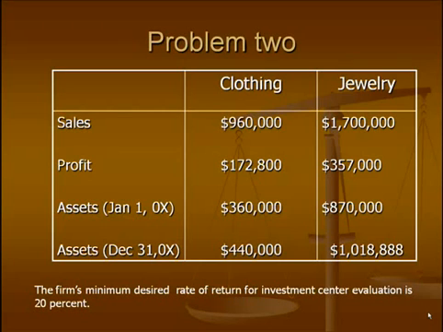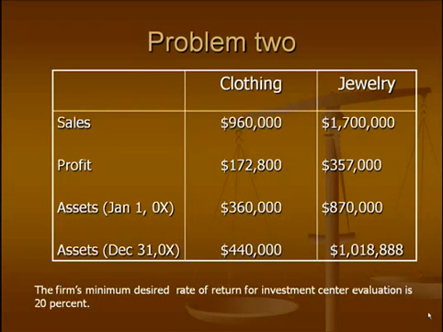The profit of both divisions is also in front of you. And I've given you the assets on January 1 of a hypothetical year, which is $360,000 for clothing and $870,000 for jewelry. And I've given you the assets for December 31st of the same year.